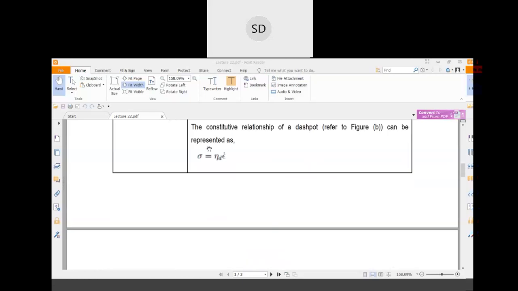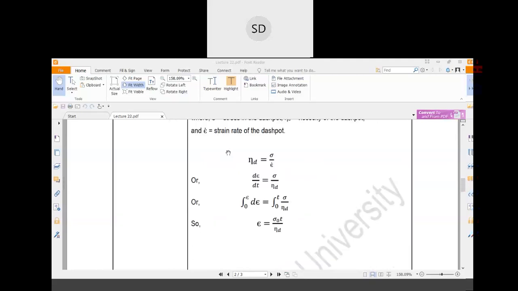Now, if your equation is sigma equal to nd times rate of strain, you can write this equation as nd equal to sigma divided by epsilon dot. If you move nd to the other side, you can expand this term: it would be d by dt of sigma divided by nd.